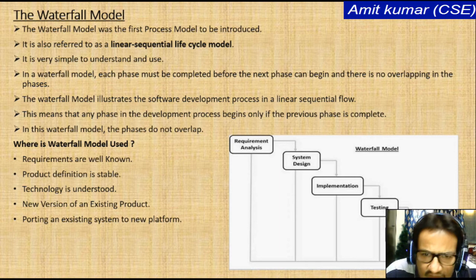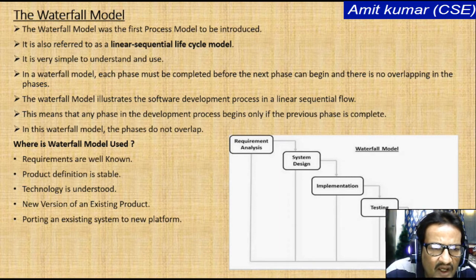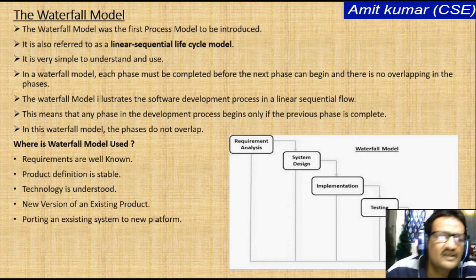The waterfall life cycle model is the first process model, and it is also called the linear sequential life cycle model. It is very simple to understand and use. Why is it called the waterfall life cycle model? Because falling water never goes back above, it falls due to gravity.